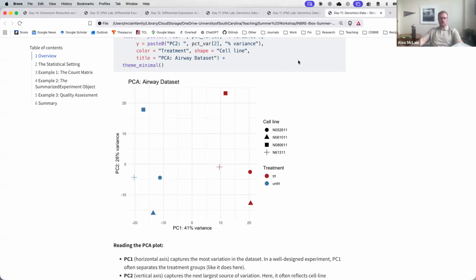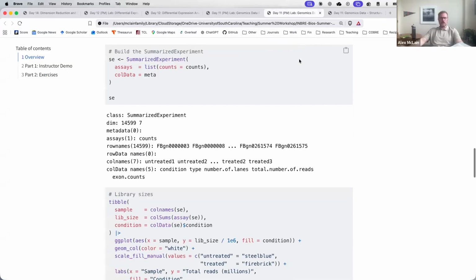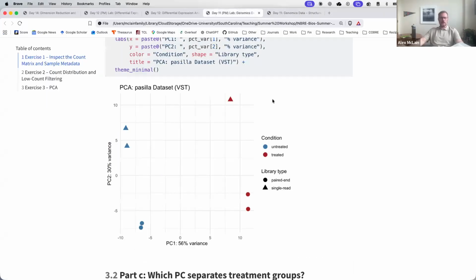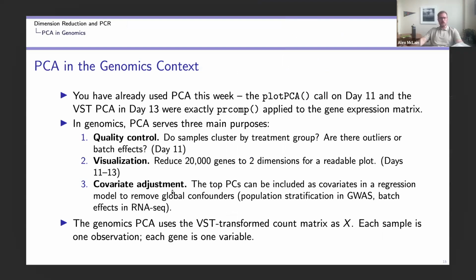Do we pick it up? Does it very obviously pick up? The other thing that I thought was important was that we could look at some other factors here, library type for the lab. In the airway data set, we could look at cell line and see, all right, is there some need for covariate adjustment?